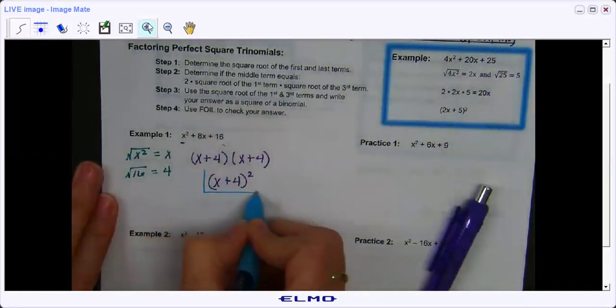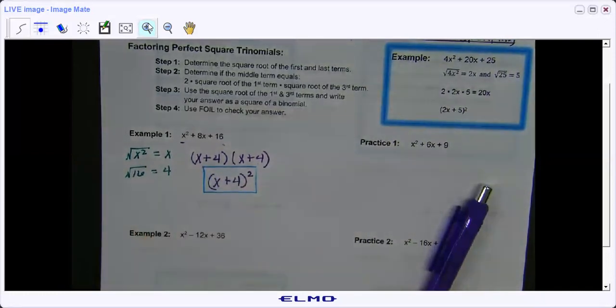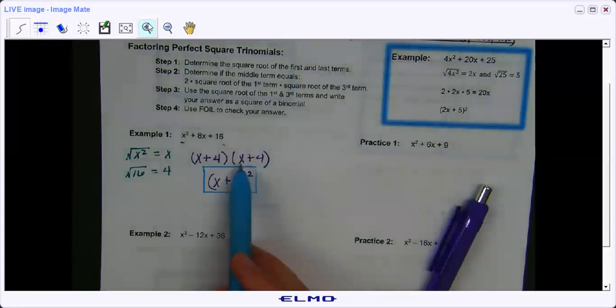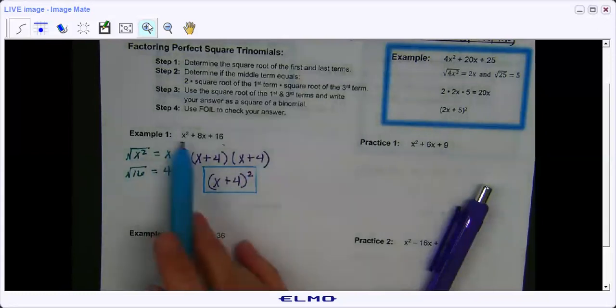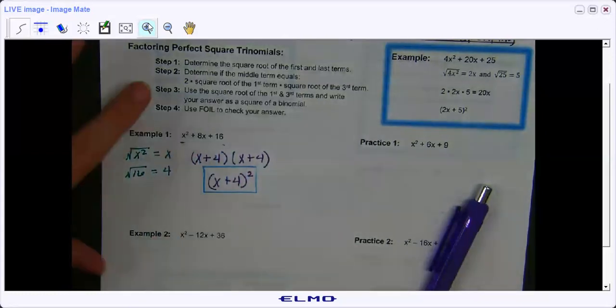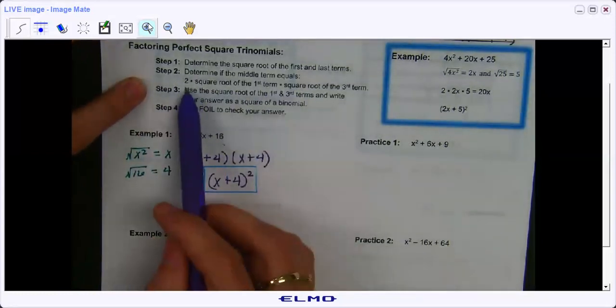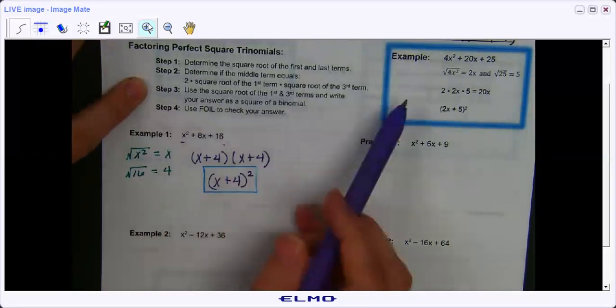One of the things you can do using mental math is double check to make sure that this binomial will multiply into this trinomial. In step 2 here, determine if the middle term equals 2 times the square root of the first and the third terms.